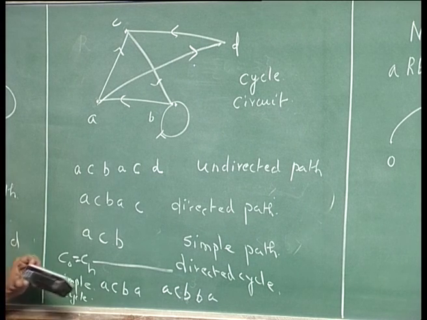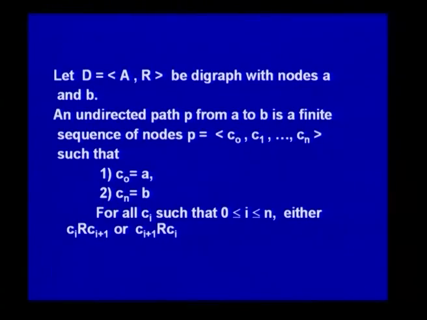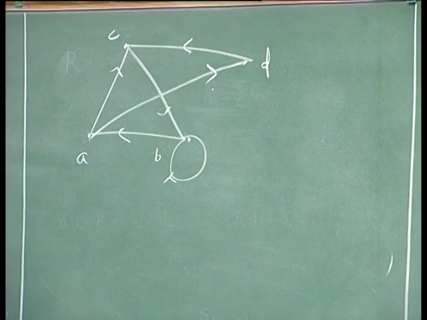How are graphs represented in computers? Let us take the same graph, with 4 nodes and directed in this manner.